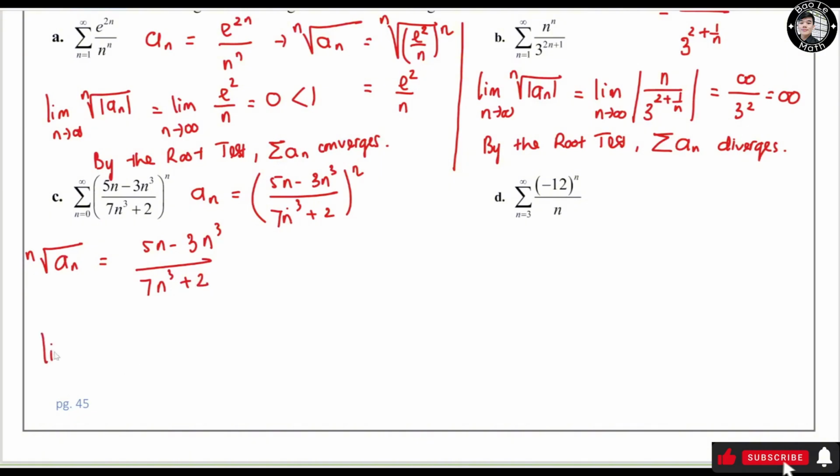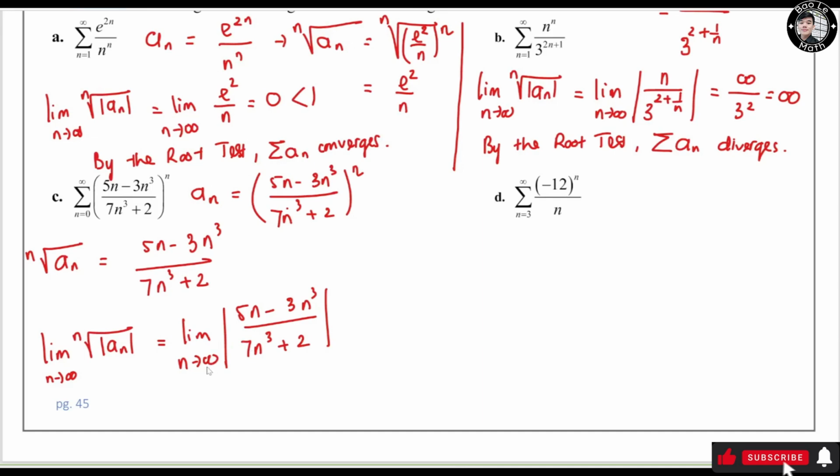So I'm going to take the limit of the nth root of the absolute value of a sub n as n approaches infinity, which equals the limit of the absolute value of 5n minus 3n cubed over 7n cubed plus 2 as n approaches infinity.